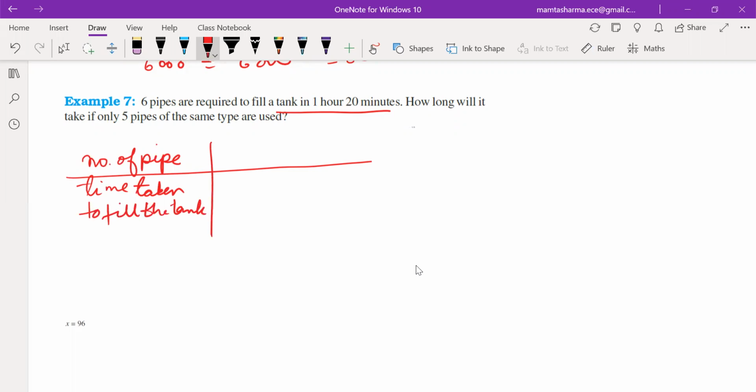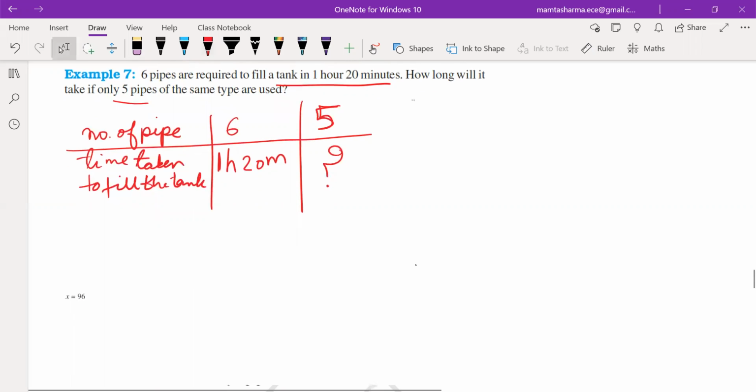Now put their values. If number of pipes is 6, time taken is 1 hour 20 minutes. How long will it take? You have to find out this time when only 5 pipes of the same type are used.